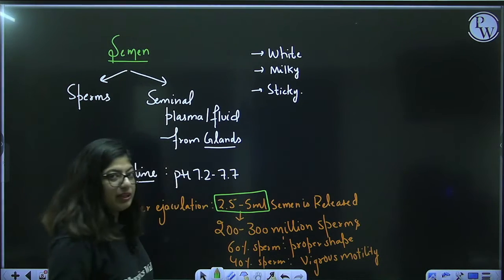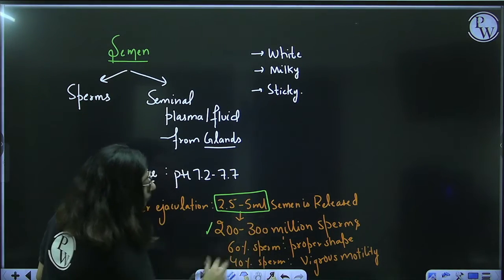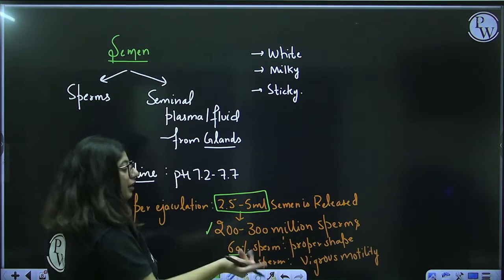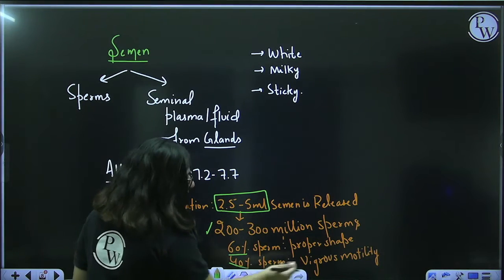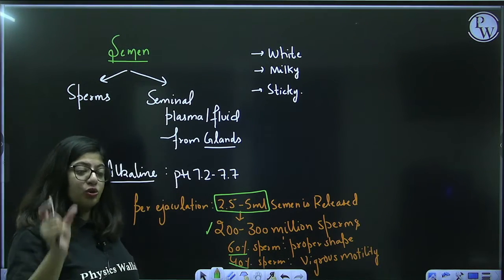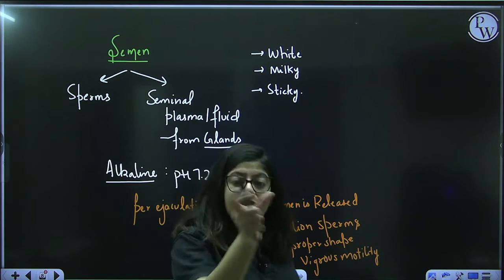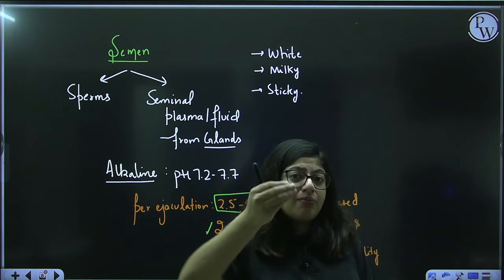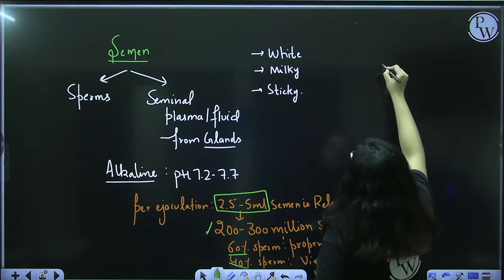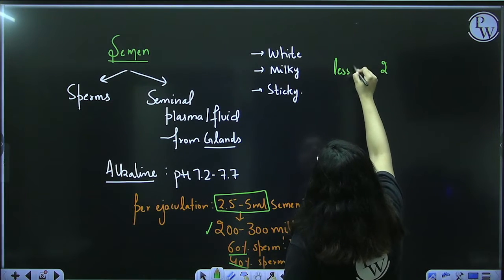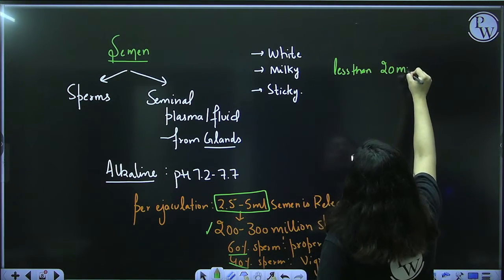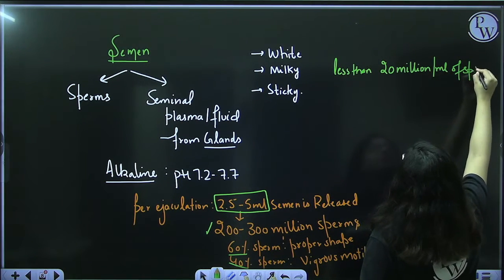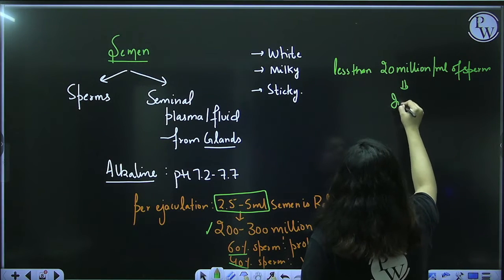In this much semen, a male should have this much sperm, and out of this, 60% should have proper shape, and out of that 40% should have vigorous motility. So, that amount of sperm is actually needed for fertilization of the ovum. If the amount is less, for example, less than 20 million per ml, then you consider that person as infertile.